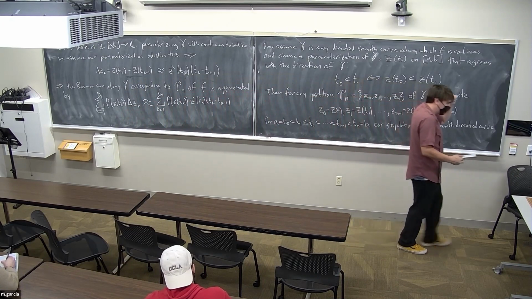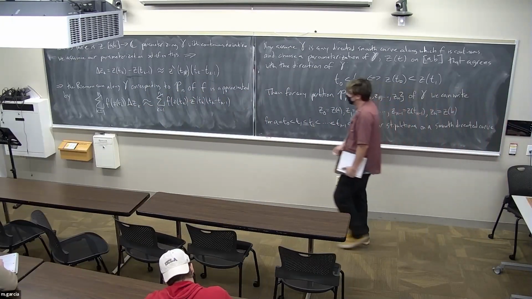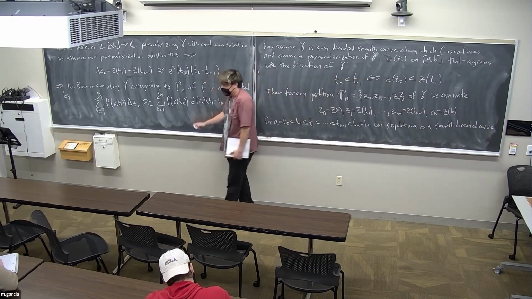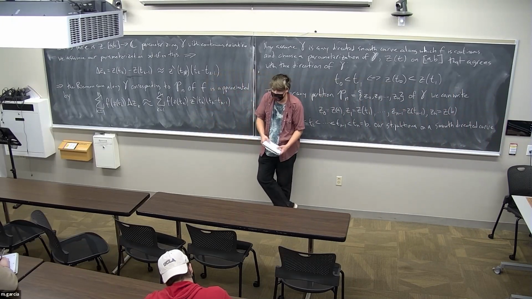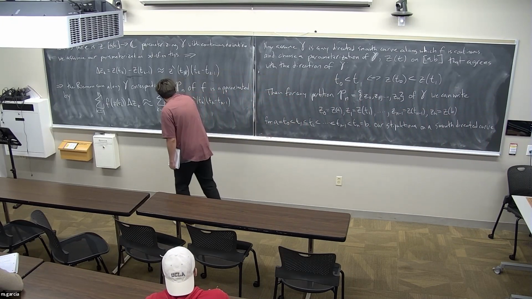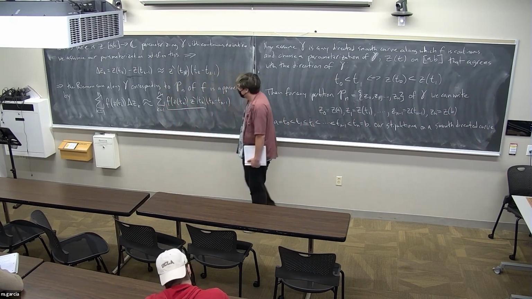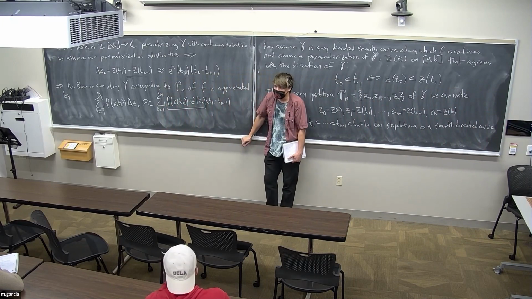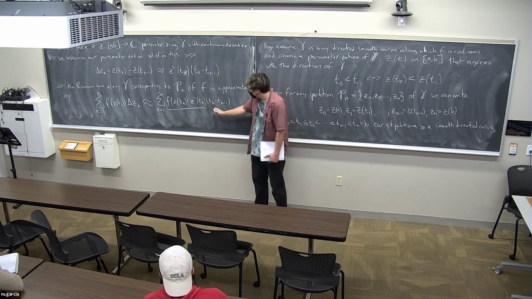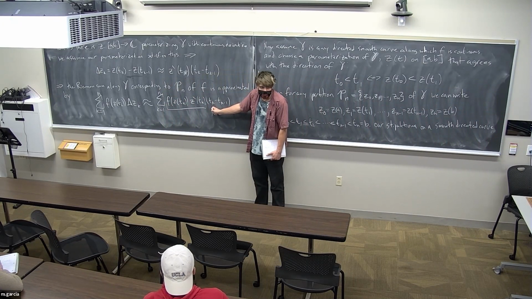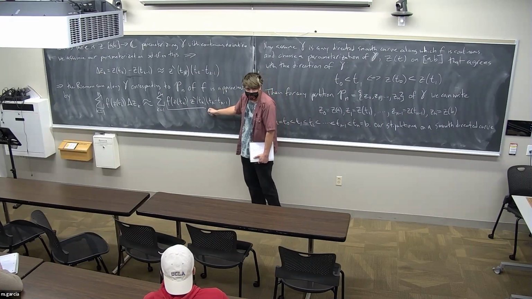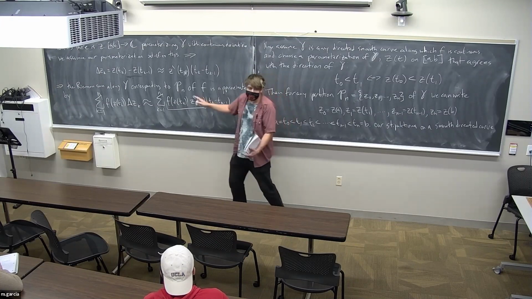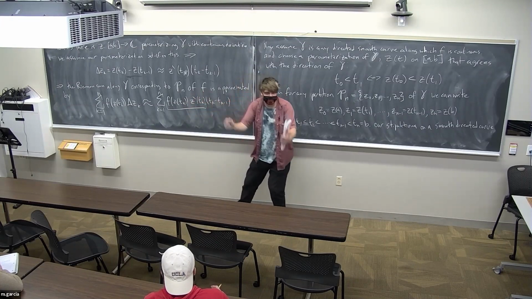Now, take a close look at this approximation. This approximation is a Riemann sum of the function f of z of t times z prime of t on a real interval. Okay? All my t's, my delta z's now have been translated down to the real axis.